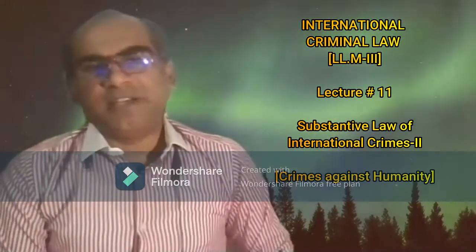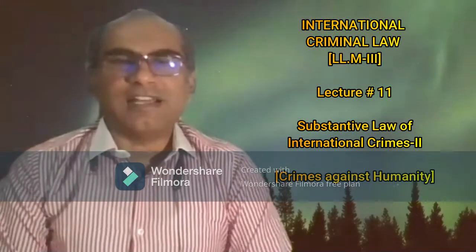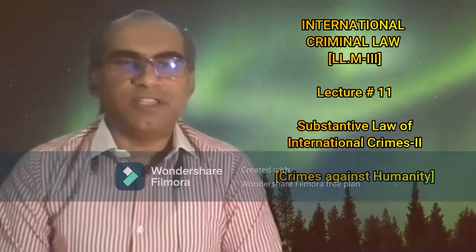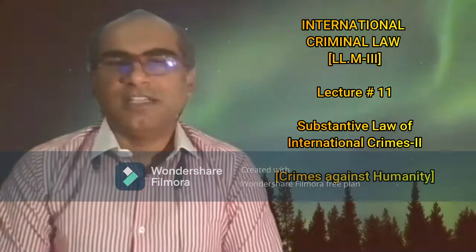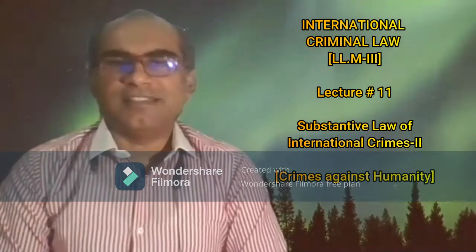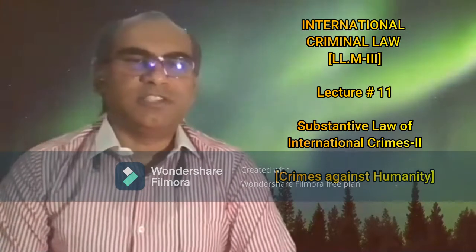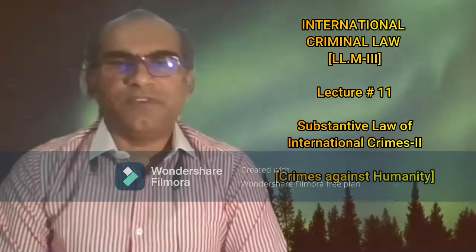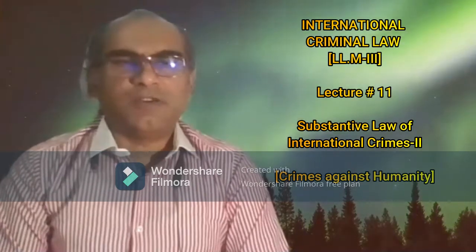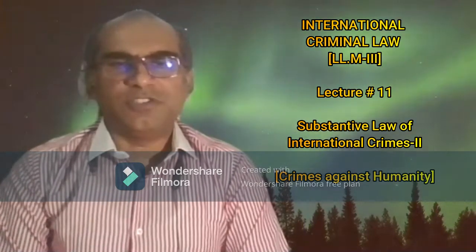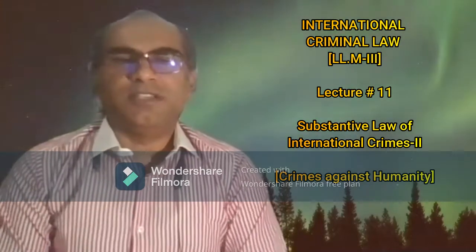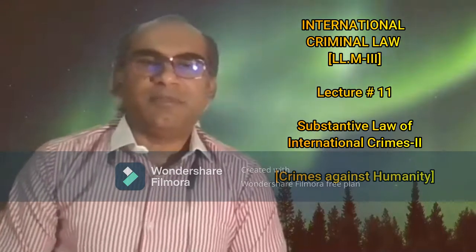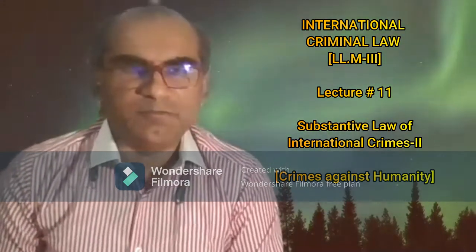The targeting was based on political, racial, national, ethnic, cultural, religious, or gender grounds as defined in Article 7, paragraph 3 of the statute, or other grounds that are universally recognized as impermissible under international law. The conduct was committed in connection with any act referred to in Article 7, paragraph 1 of the statute or any crime within the jurisdiction of the court, and the crime must be committed as a widespread, systematic attack, with the actus reus and mens rea which constitute that crime.